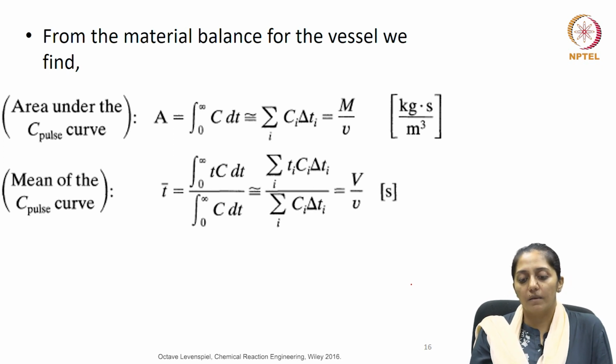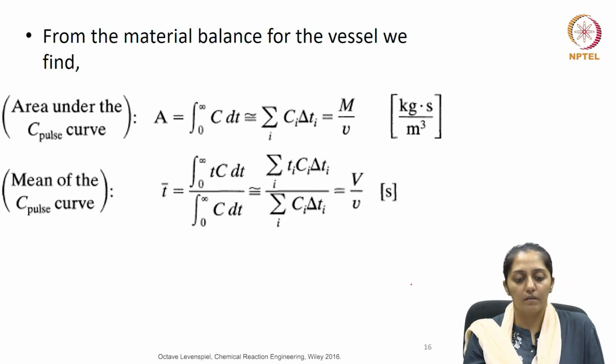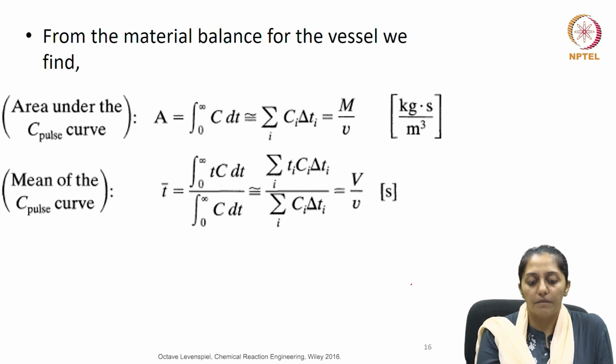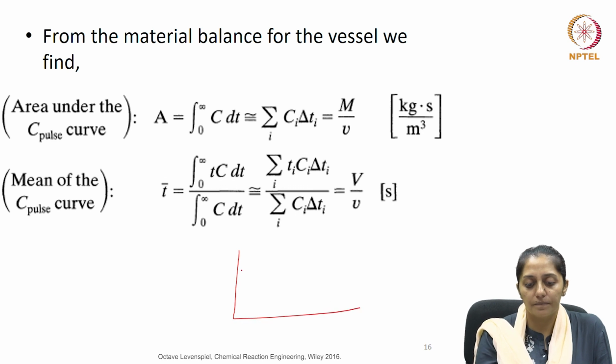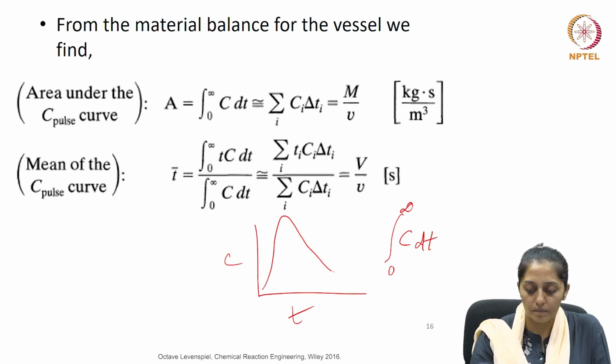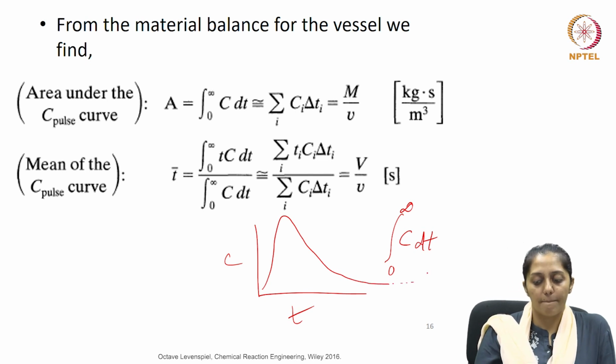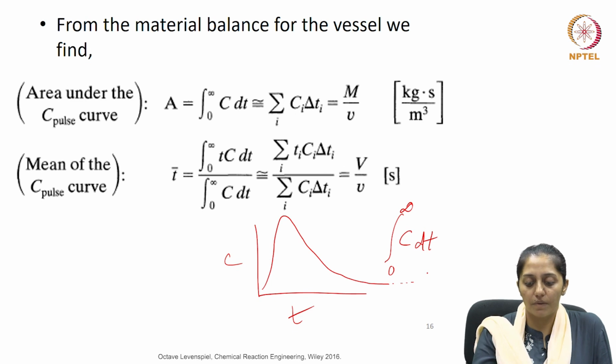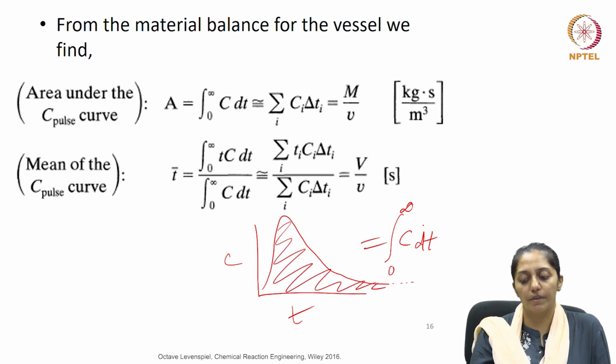If we do the material balance for the vessel, we find that the area under the C pulse curve is the integral from 0 to infinity of C dt. This is the entire area under the curve.